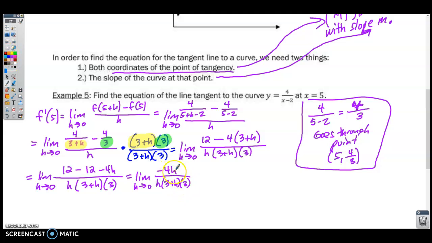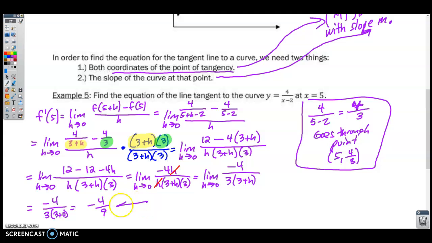And now I can cancel an h from both numerator and denominator. And so this becomes the limit as h goes to 0 of negative 4 over the quantity 3 times 3 plus h. And so I can substitute the 0 in now. It gives me negative 4 over 3 times 3 plus 0, or negative 4/9. This is the slope of my tangent line.